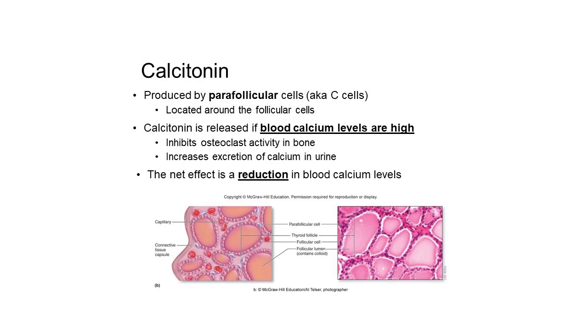What do osteoclasts do? They eat stuff, vacuum, they break down bone. And that's one way to release calcium. Also, if you've got too much calcium, calcitonin is going to cause you to excrete it in your urine, trying to get it back to those normal levels as quickly as possible.